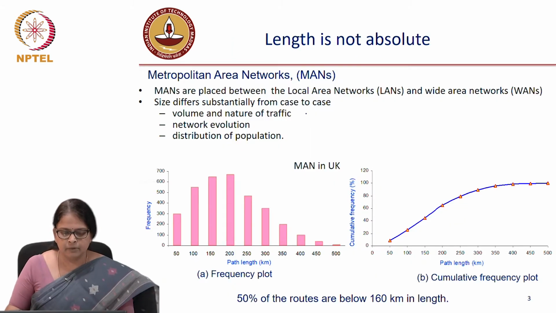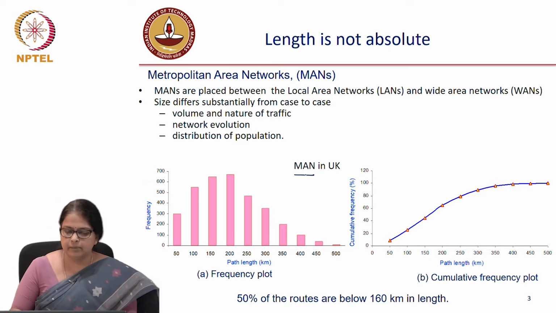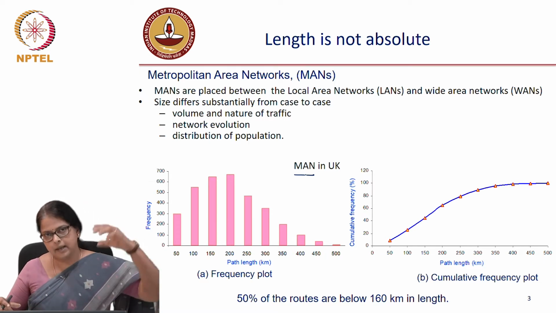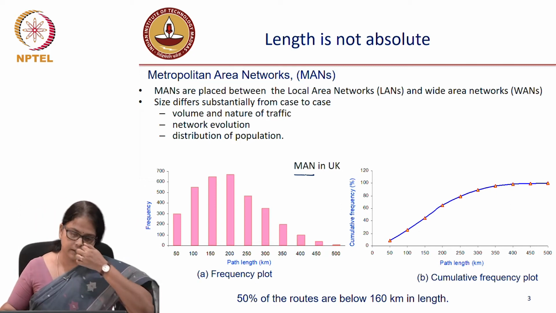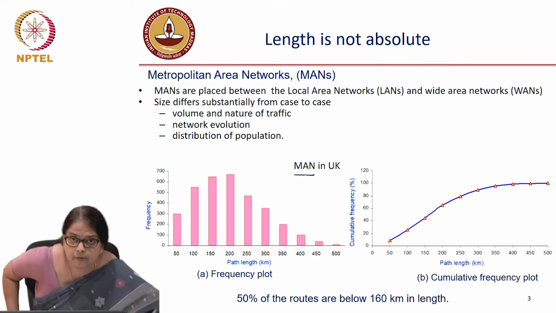The lengths that we are talking about, that the length of the metro network is about hundreds of kilometers, etc. It's not really absolute length that we will talk about. For example, this is the open source data available for the metropolitan area networks in the UK. Since they are placed between the local area networks and the wide area networks, the size actually differs substantially from case to case.